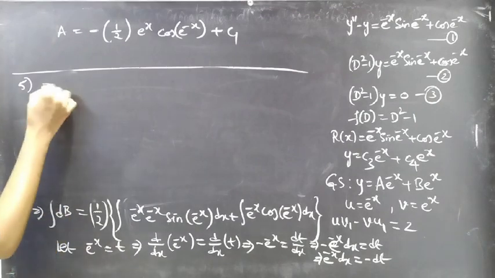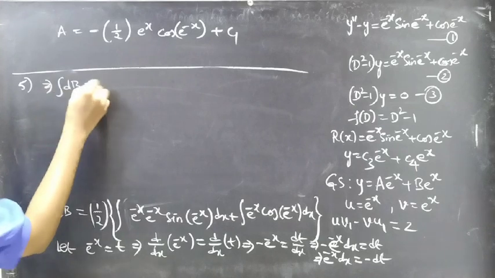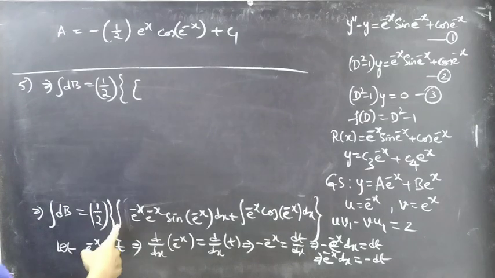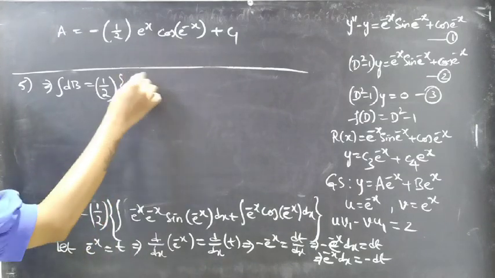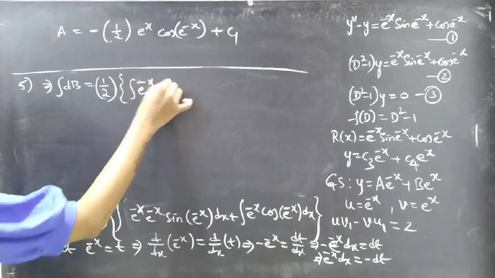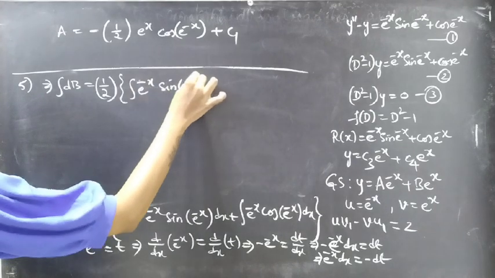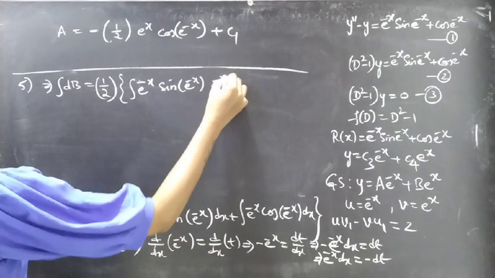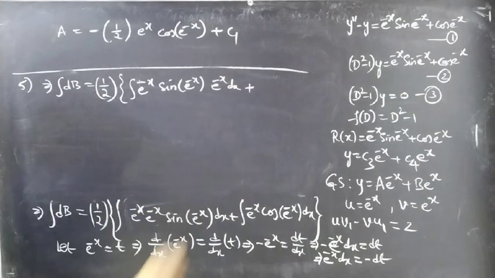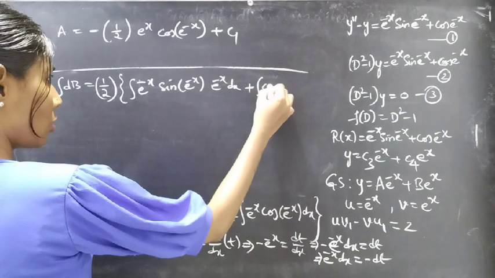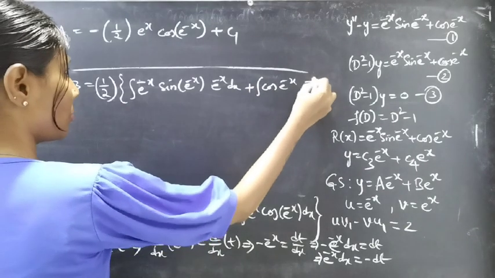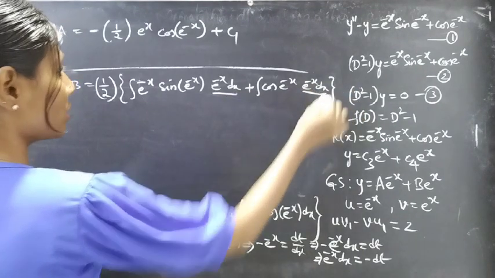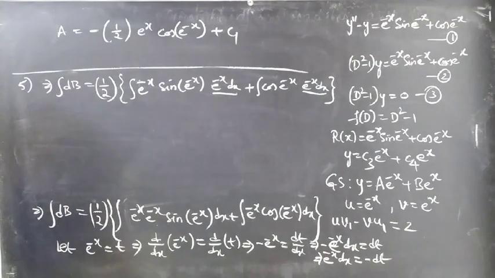Then this equation becomes integral db equal to 1 by 2 into, you can include one more step here for our convenience. Integral e power minus x sine e power minus x into e power minus x dx plus integral cos e power minus x into e power minus x dx, so that we can replace e power minus x dx by minus dt in the next step.